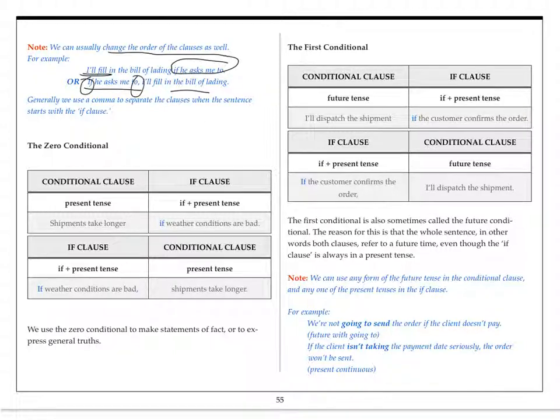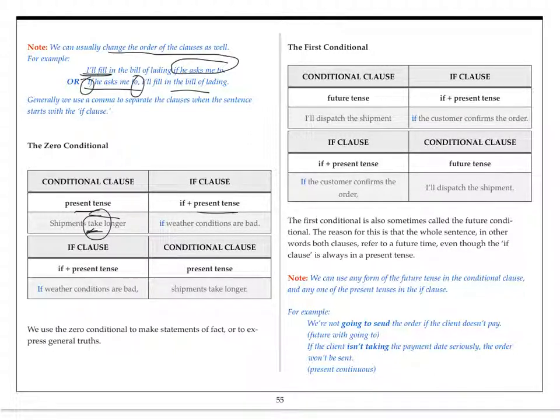So let's have a look at them in detail there. With a zero conditional, we use the present tense in both clauses. Have a look at the example. Shipments take longer. That take is present simple, right? It's not takes because it's shipments, which is plural.